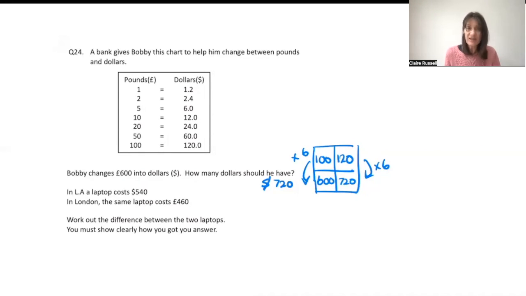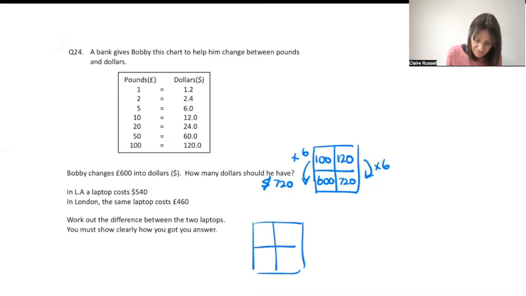So we need to either give our answer as a difference in dollars or as a difference in pounds. And as they haven't actually asked, it won't matter which way you choose to do it. I am going to do it in pounds. So I'm going to do my box and label and get my fact in, okay? And I'm just going to go back to the original now. £1 is 1.2. I've got $540, which I want to change into pounds.